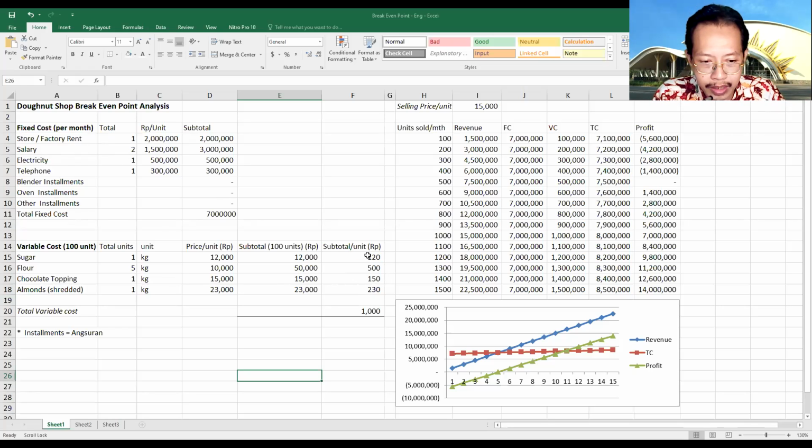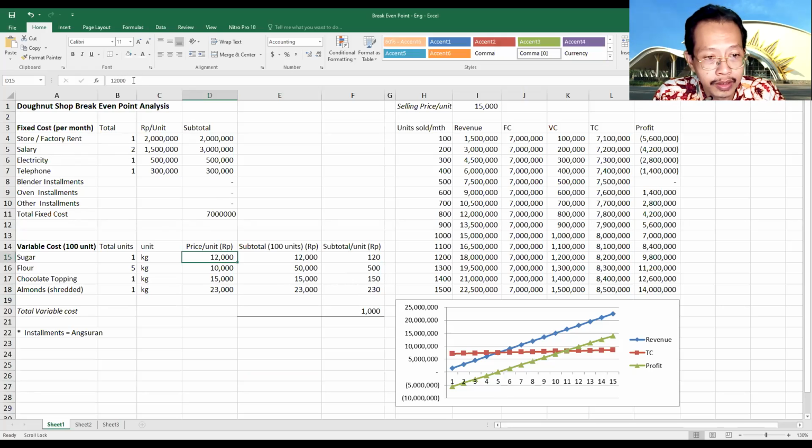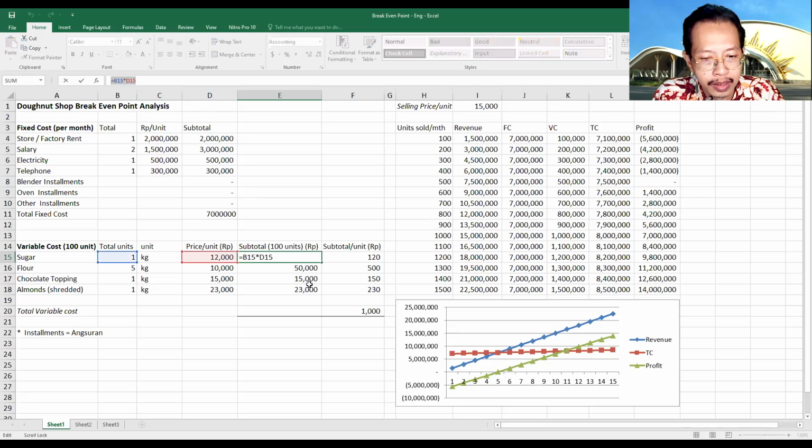And you can see here, I'm using formulas. So if you write 12,000, see, and then here, I put the formula. I'm hoping that you know how to do this to make it easier for you to count. So 1 times 12,000, B15 times D15, you get 12,000.